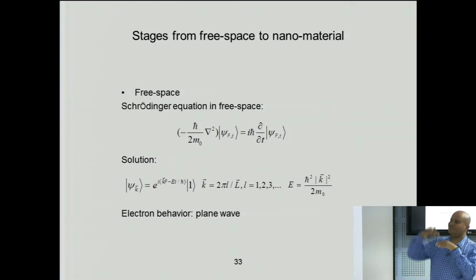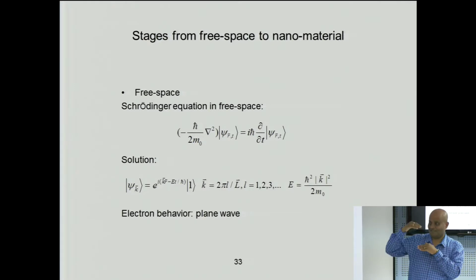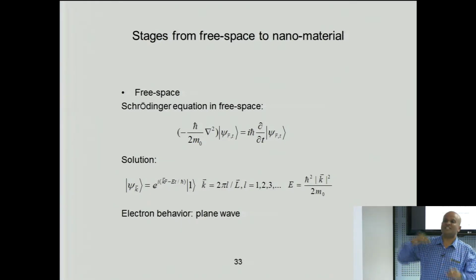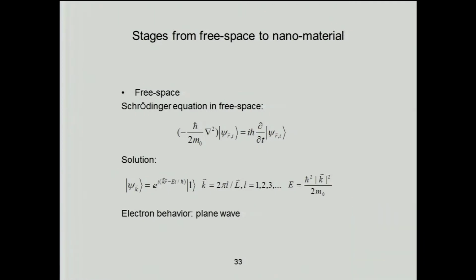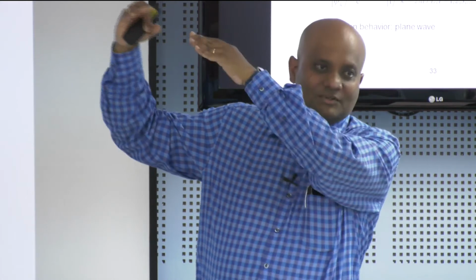If you change from 1 to 2, the change of energy is a lot more. If you change from 100 to 101, the change of energy is very little, and it gets closer to a continuum change.